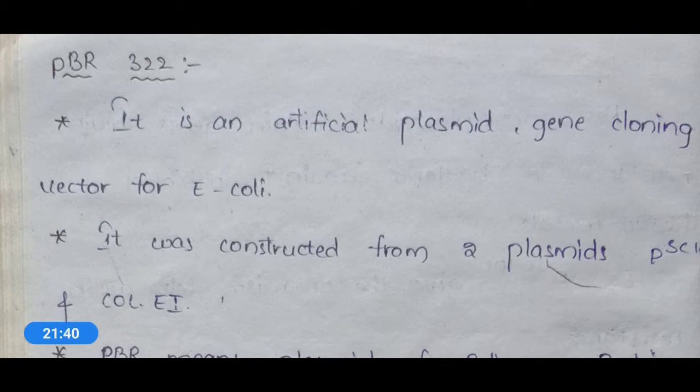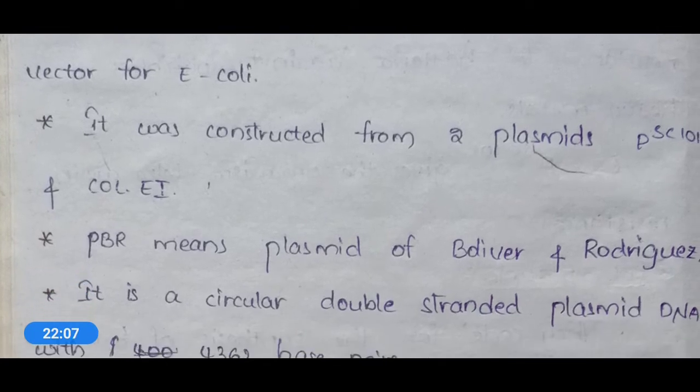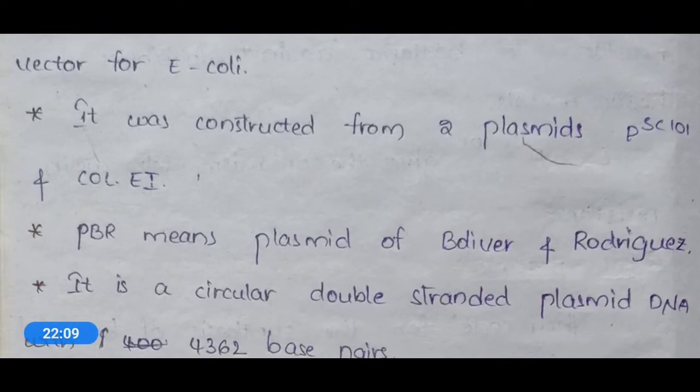During the classification of these plasmids based on functions, we have seen pBR322 under the virulence plasmids. Here virulence characters were removed, and it is artificially developed using two plasmids, pSC101 and ColE1. Here pBR means plasmid of Bolivar and Rodriguez.